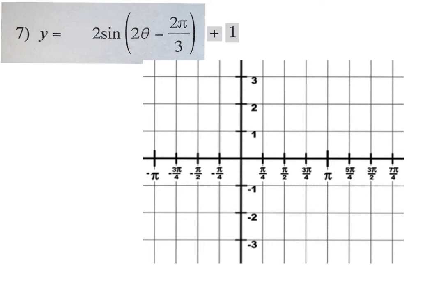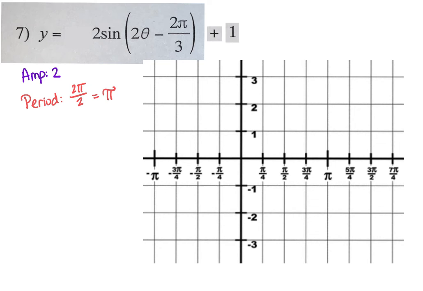So now we're going to do the same 4 things. We are going to do our amplitude, which is our A. Our amplitude here again is 2. All right, we're going to do our period. Our period is going to be 2 pi over my absolute value of B, so that is going to be pi.